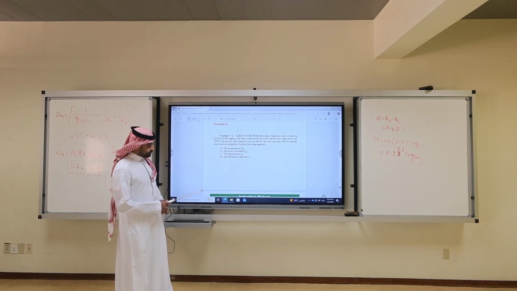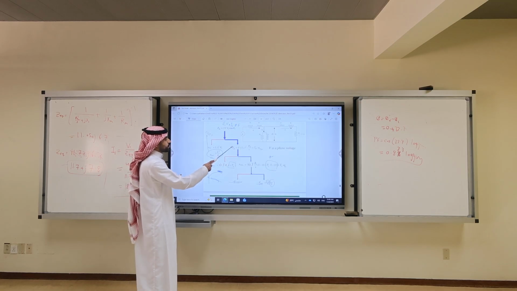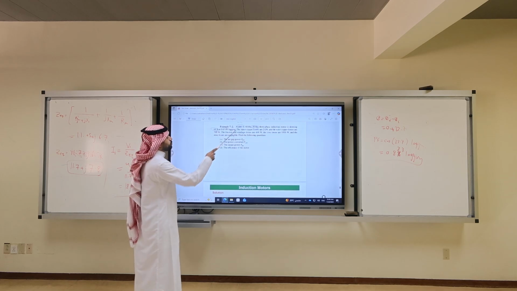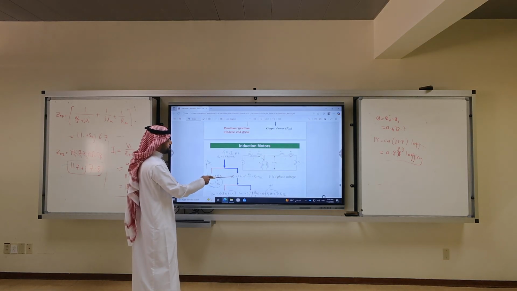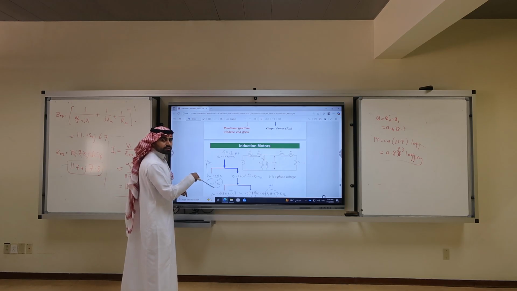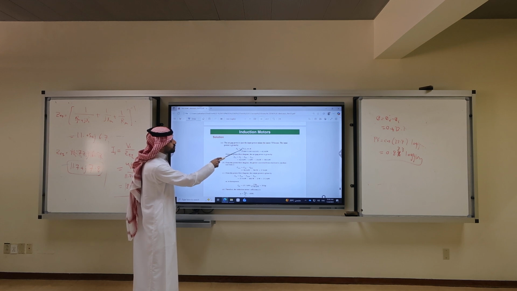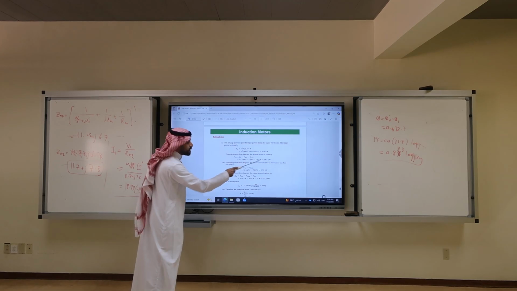Where are the core losses? 1.8 kilowatt. Find the air gap power. What is the air gap power? PG, which is Pin minus this minus that. You have to calculate Pin. This is given, this is given. You have to get your input power: square root of 3 times 480 times 60 times 0.85, which is 42 kilowatt, minus the 2 kilowatt, minus the 1.8 kilowatt.